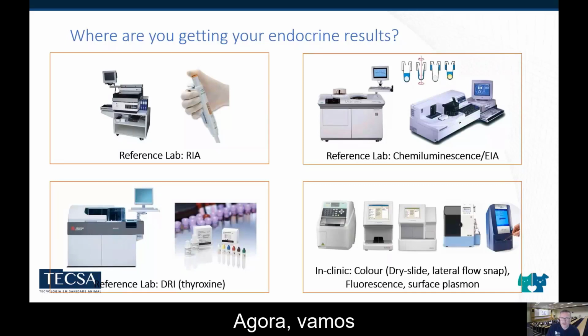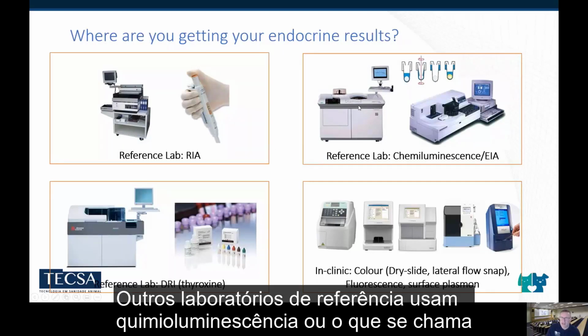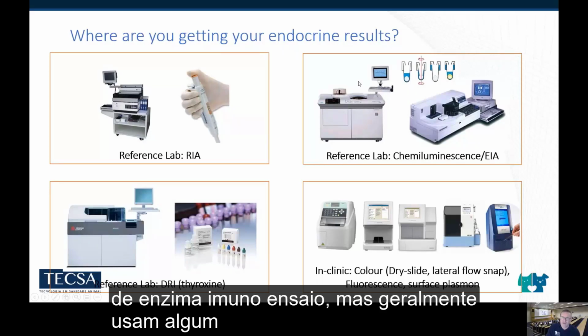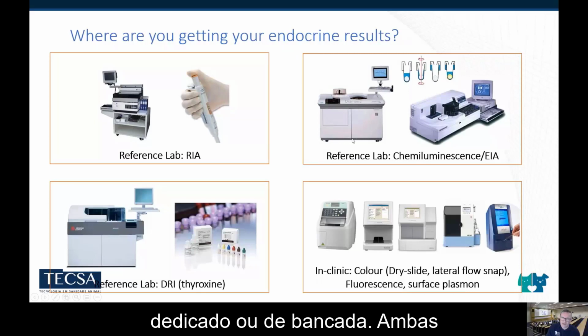So starting to put some names to some of what is actually available to measure cortisol, we've got radioimmunoassay, RIA, that's available in specialist laboratory facilities. Some other reference labs might be using chemiluminescence or what might be called enzyme immunoassay, but generally using some dedicated immunoassay analyzer, floor standing or benchtop analyzer.